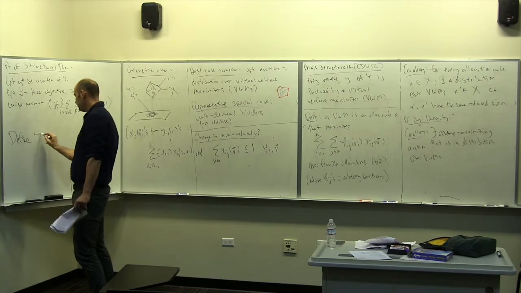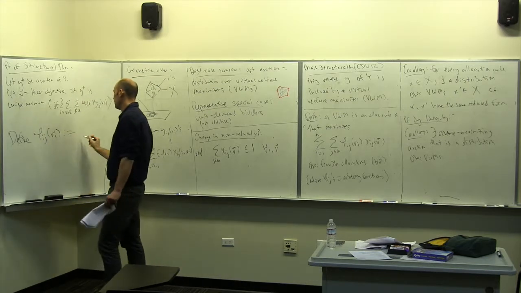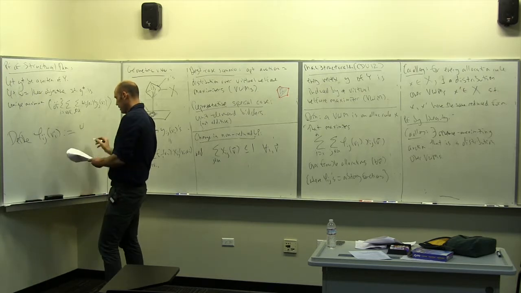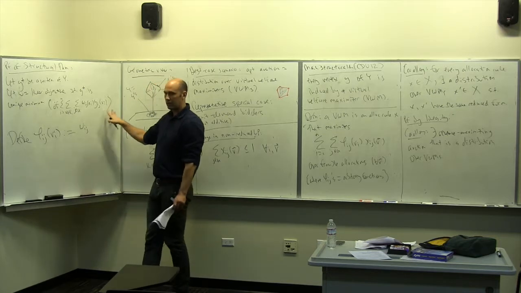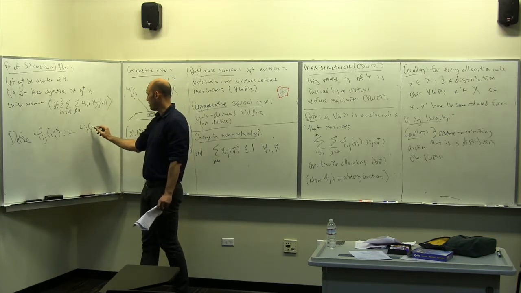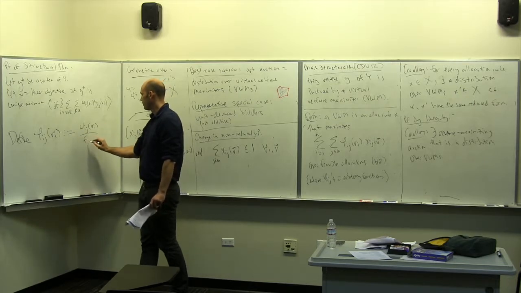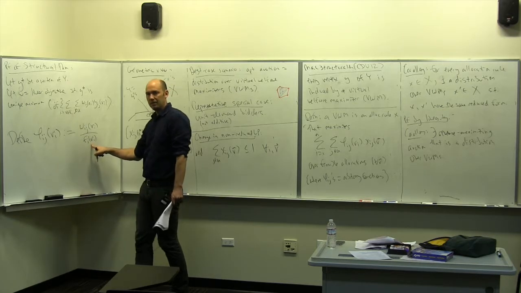So define phi_{i,j} to be equal to the weights. Again, I have to translate between the conditional and unconditional chance of winning, so I'm going to scale back up by the probability of this type, which is just the usual prior: the probability that i's type is v_i.